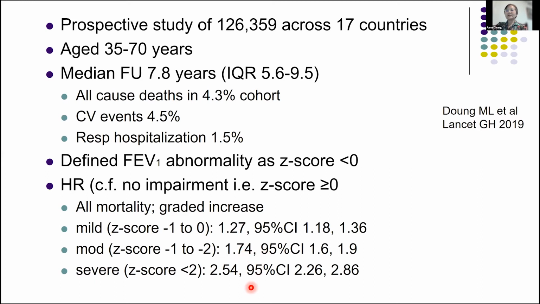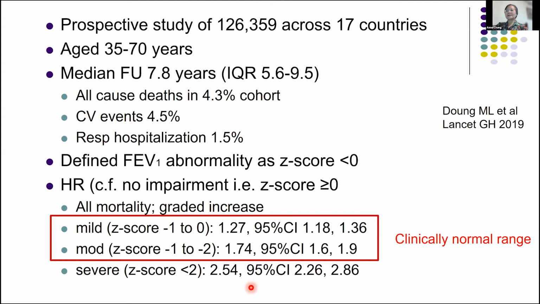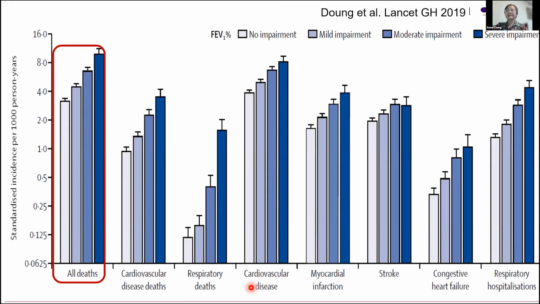And when it's severe, your hazard ratio was even higher. The key thing to remember is that a Z score between 0 and -2 is actually in the clinically normal range. So even when your lung function is normal, you have increased mortality.